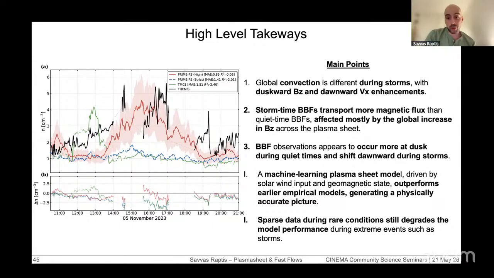Of course, though, the sparse data during those rare conditions can degrade the model performance. One easy solution is to handpick the data that we train with, but this is not a real solution. It's more of a band-aid to fix it temporarily and do the best that we have. In reality, we need to find a more systematic approach to storm time modeling to solve this.